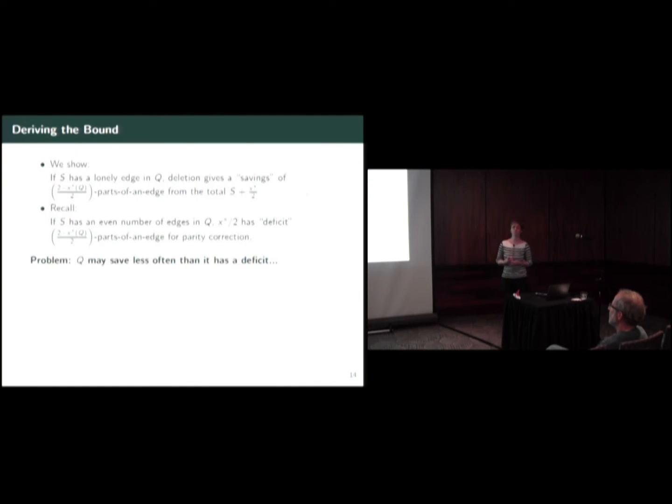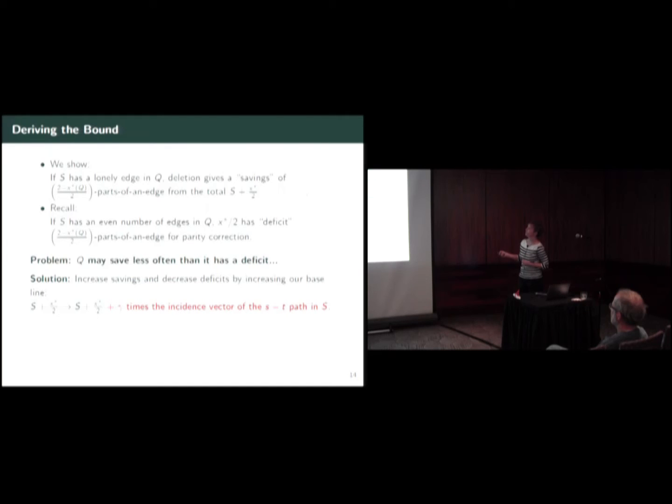How about in a general case? Well, then a cut Q may save less often than it has a deficit. So how do we deal with that? Well, we're going to deal with that by basically changing our baseline that we're comparing to. So right, we have a deficit for ST cuts only.